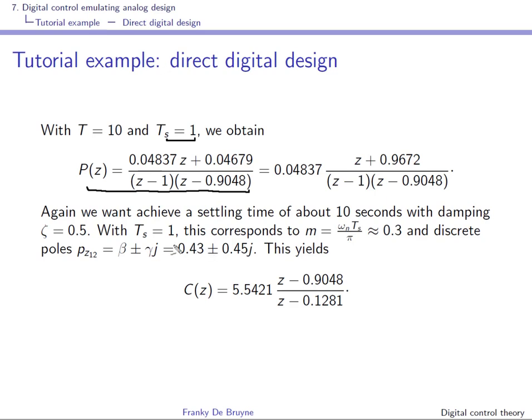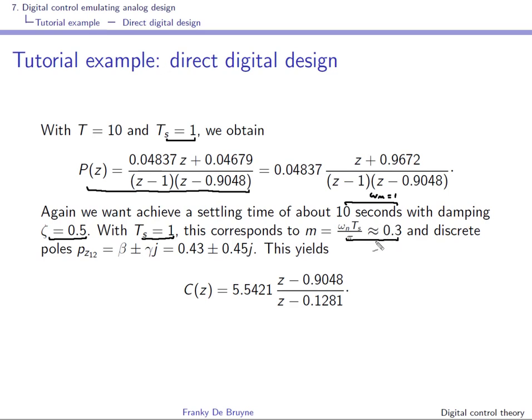Here we want a damping ratio of 0.5. We had seen that the settling time of 10 seconds had led to omega n equal to 1. With Ts equal to 1, this corresponds to an M, which is 1 times 1 divided by pi, so approximately 0.3.